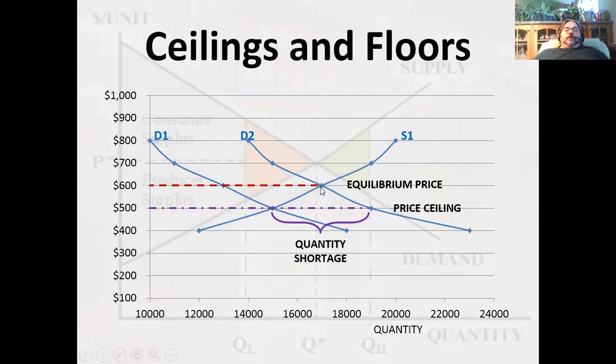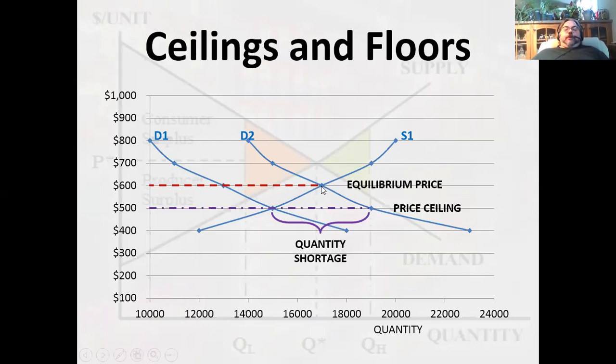I've got 17,000 of those 19,000 who would have been willing to pay the $600, and I would have had 17,000 units come available had I allowed the price to climb to $600, because my new equilibrium price at 600 is also my new equilibrium quantity at 17,000.